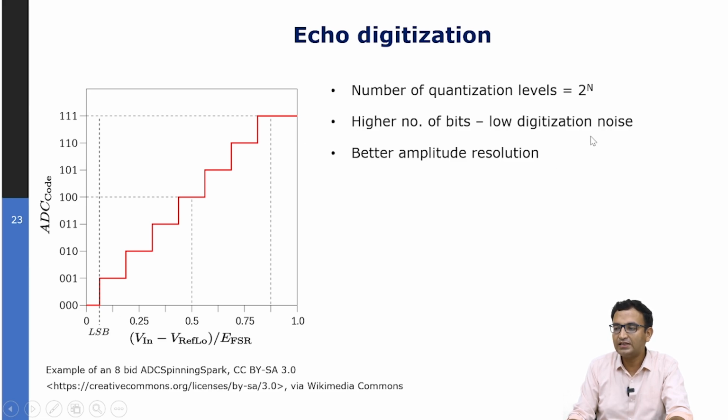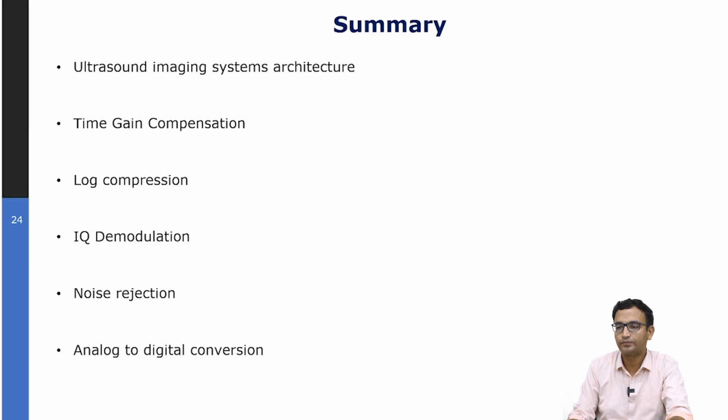This digitization noise can be reduced if there are a higher number of bits, which means there are more levels. The more the levels, the better the approximation of the digital signal will be to the analog signal, and it will give you better amplitude resolution. So this digitization is performed, and then the echo is available to you in a digital format.